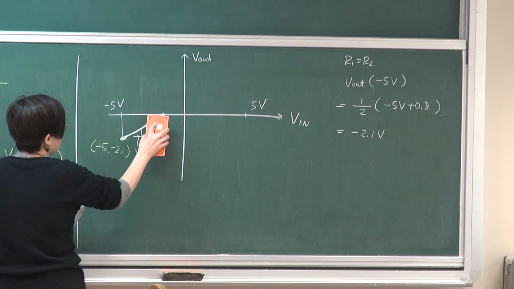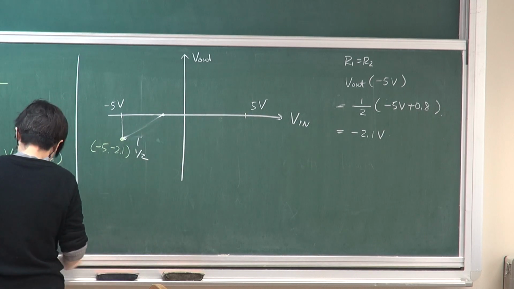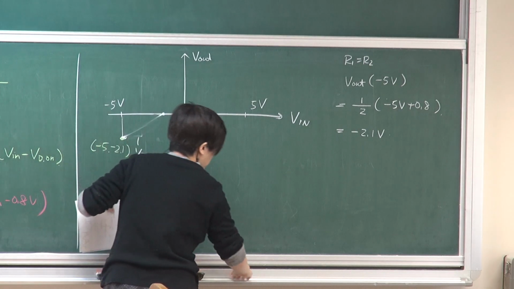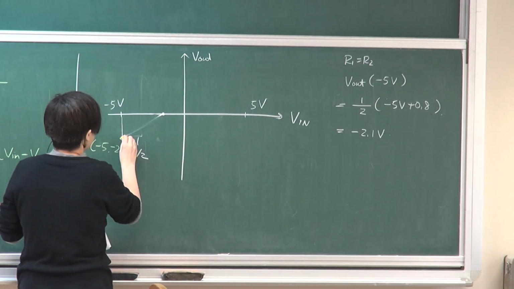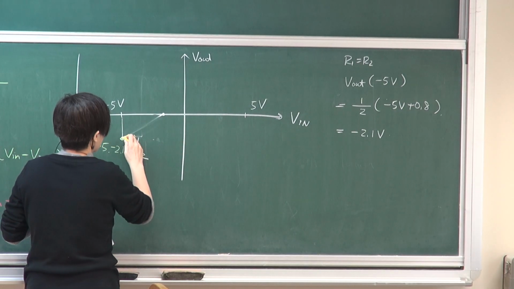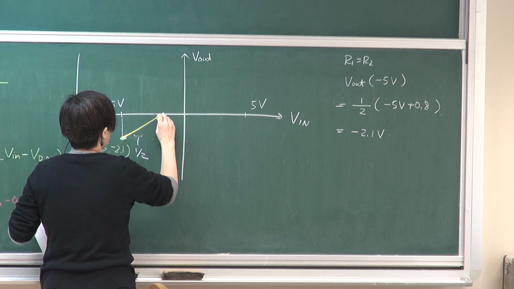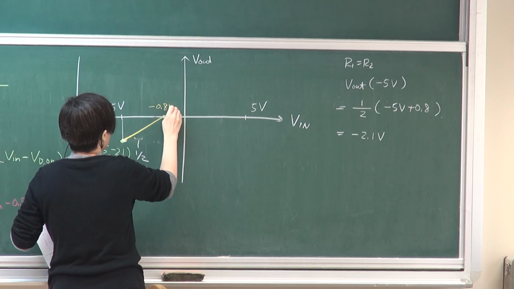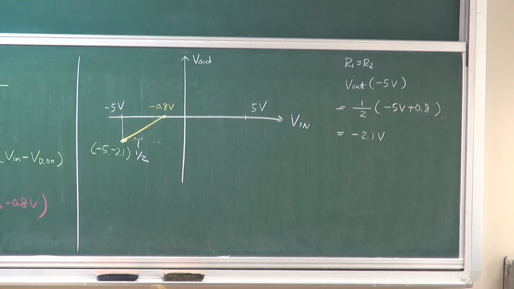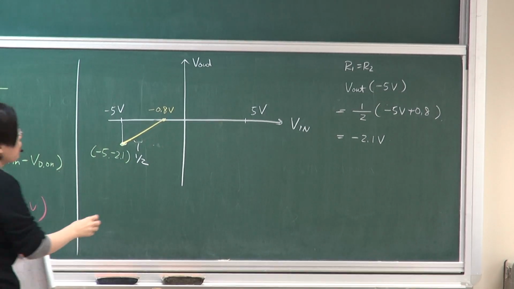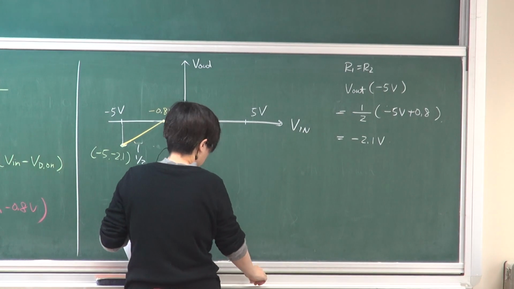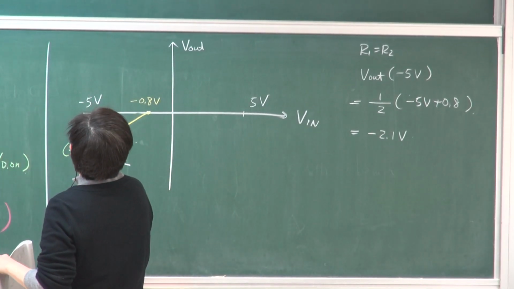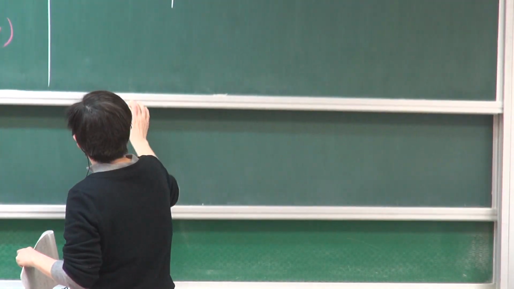Let me redraw this. So your slope will look something like this. So when it hits minus 0.8, what happened is then your D1 will then turn off as well. So this is true between where?